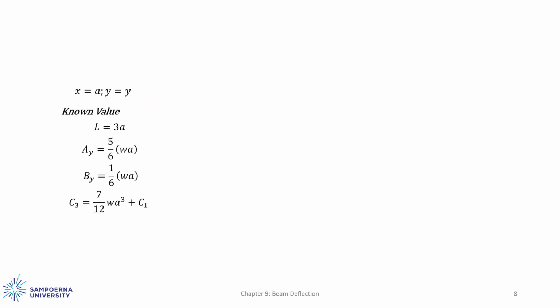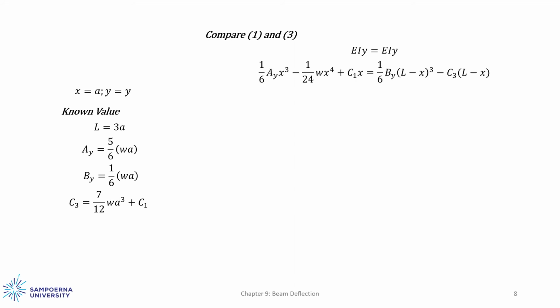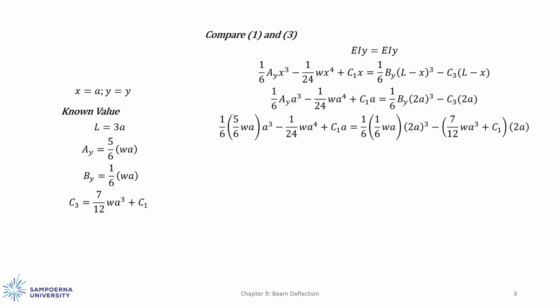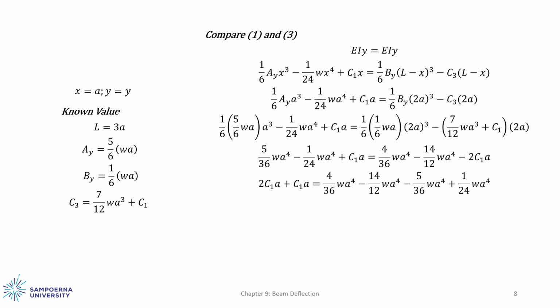Continue. Here, we also know that at C, the deflection is the same. So we could compare our equations of deflection, which contain y from each section, which is equation 1 and equation 3. Next, using the known value, here we also know C3, so we could simplify the equation and solve for C1, and we get C1 is this.